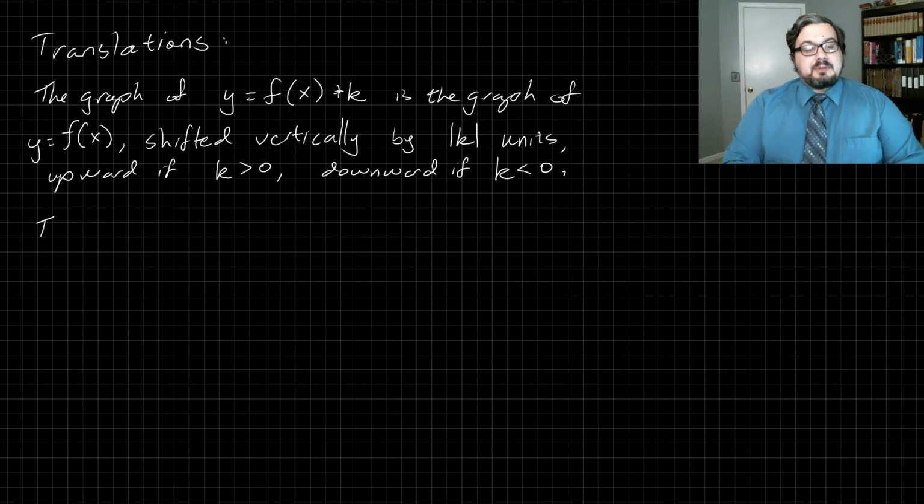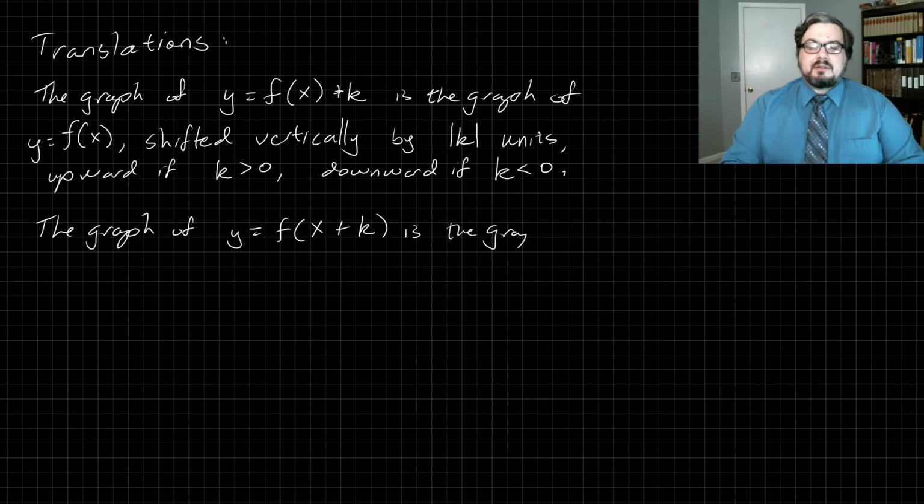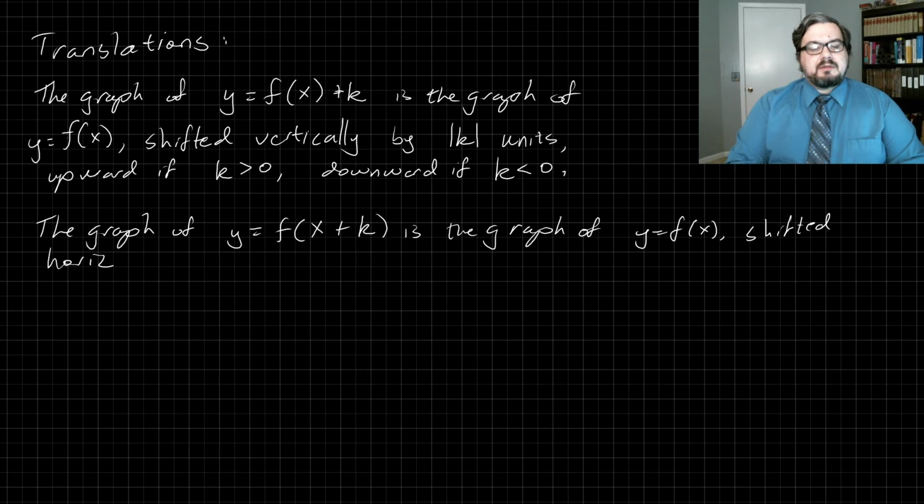And then, similarly, the graph of y equals f of x plus k is the graph of y equals f of x, but shifted or translated horizontally by the absolute value of k units.